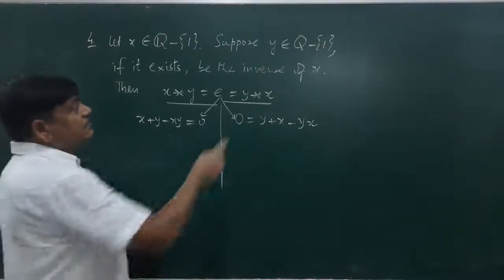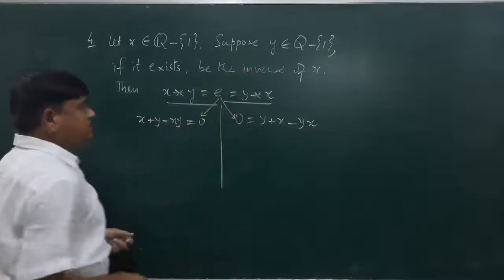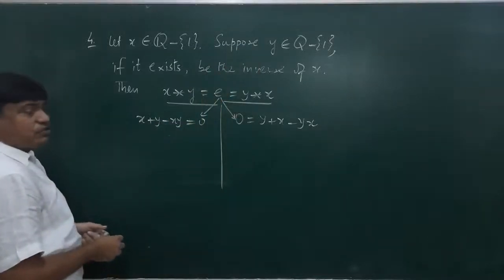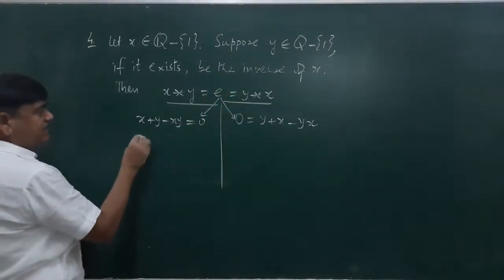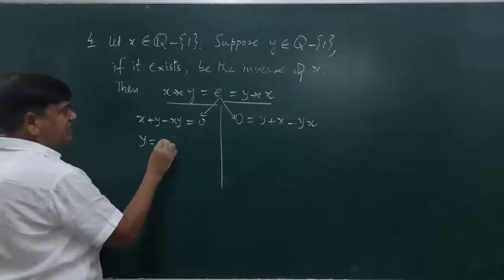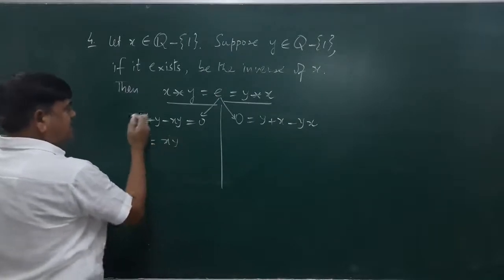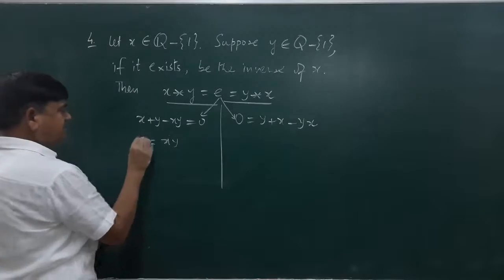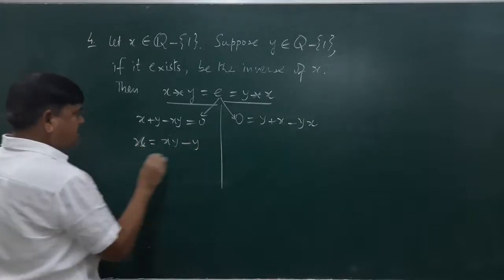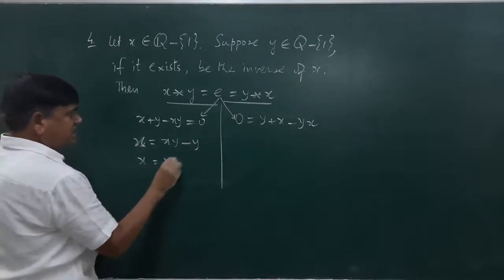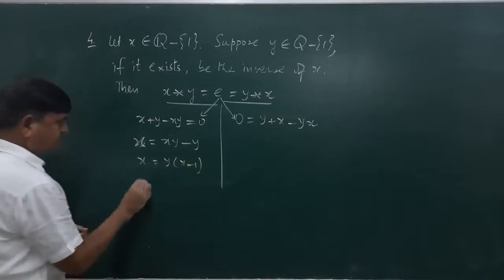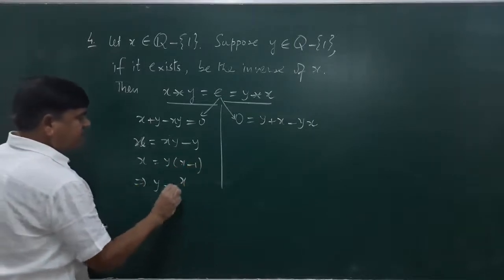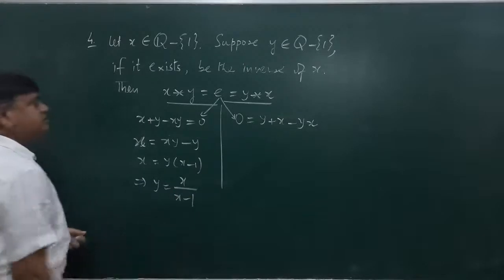We have to find the value of y, the inverse of this one. So this is y equals x upon x minus 1.